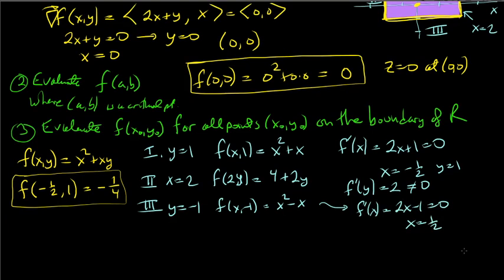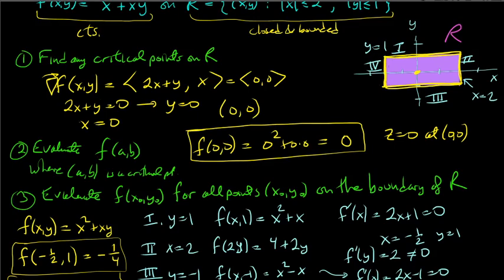So now we plug in that point, positive 1/2, negative 1, into the function. And we get 1/4 minus 1/2, right? I'm just making sure. So that's still negative 1/4. Okay, so nothing new, but hang on to that.